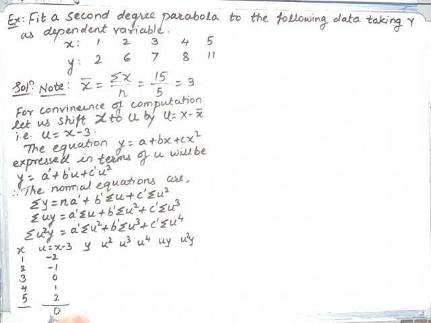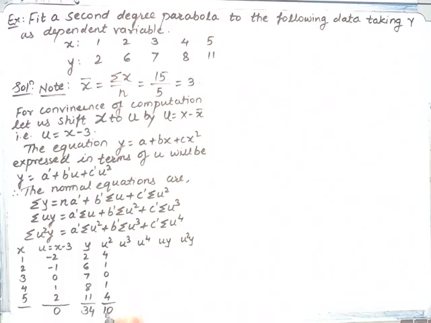And this sum will be 0. What is y? Y is given to us: 2, 6, 7, 8 and 11. And this sum is 34. Then u square: 4, 1, 0, 1, 4.